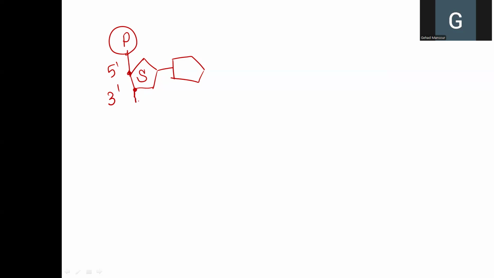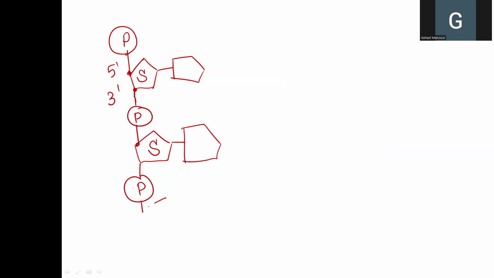So every time the phosphate group is bonded on both sides, as I will be showing now. Here we have the sugar and another different nitrogenous base, and then we have phosphate, and then the sugar, and then a nitrogenous base. And at the end of the day, we will have here a phosphate group that is not bonded, and here an OH group at 3' that is not bonded.